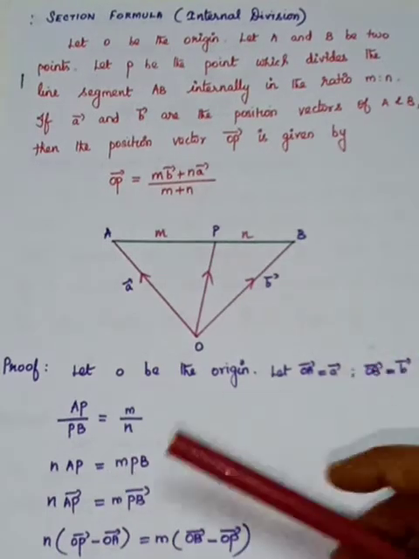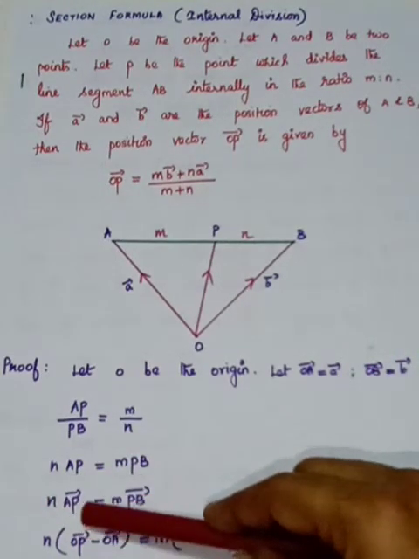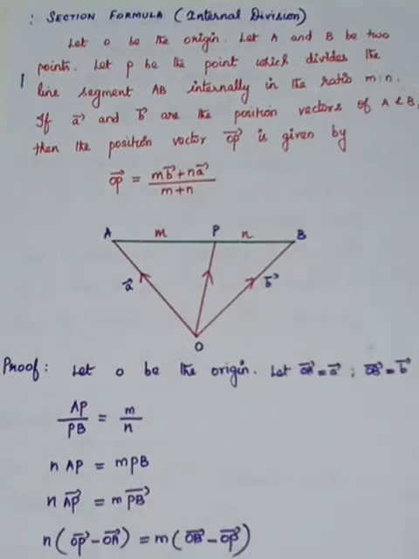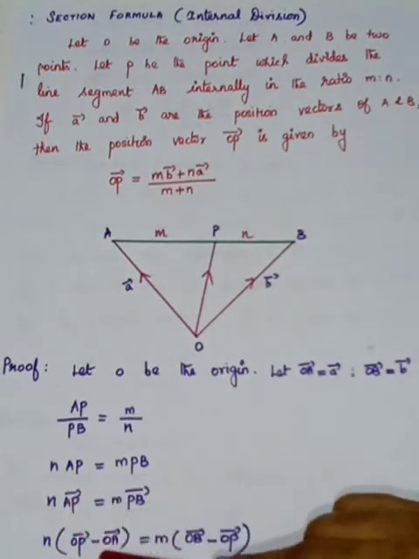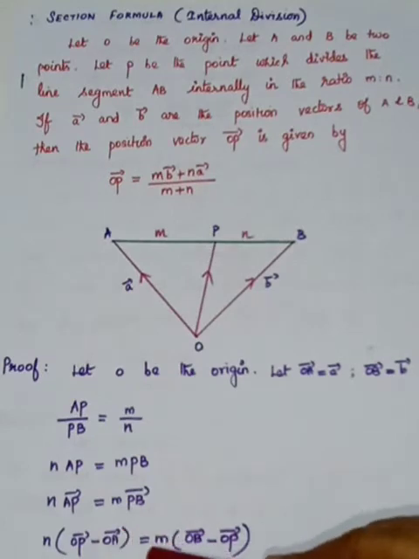By using position vectors I am going to write the AP vector. How will it be written? Position vector of the second point minus position vector of the first point, that is OP vector minus OA vector. Similarly for PB, position vector of the second point minus position vector of the first point.